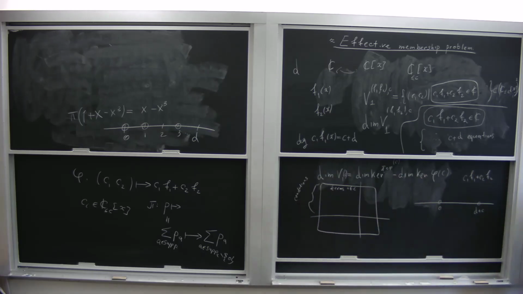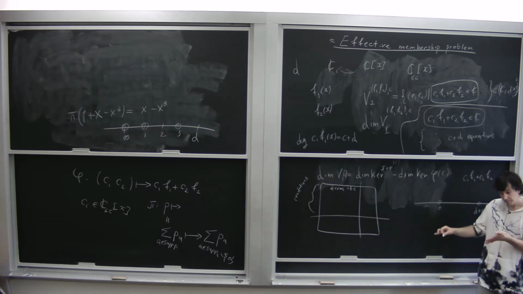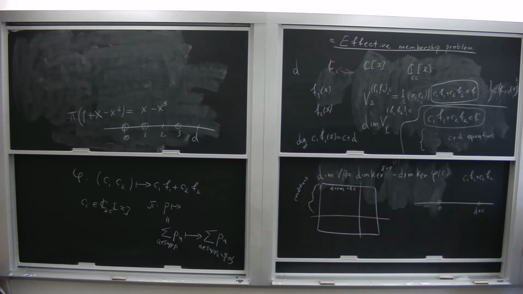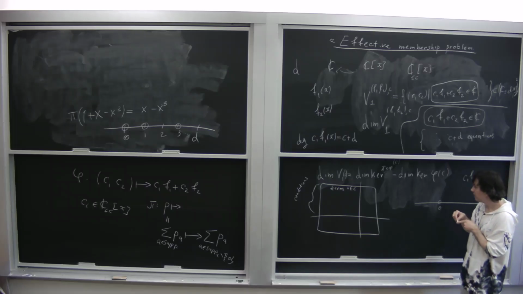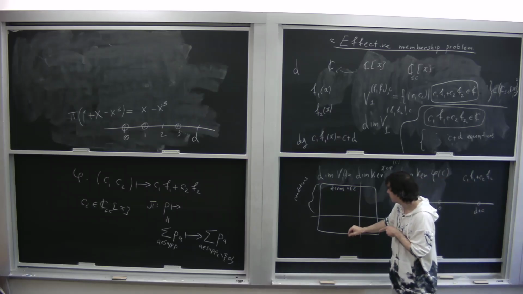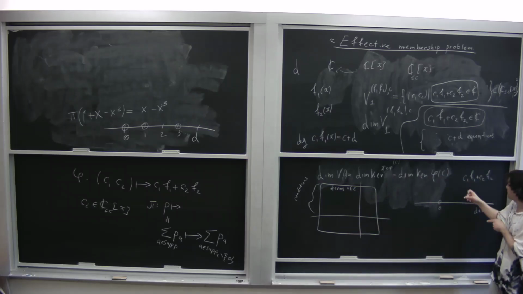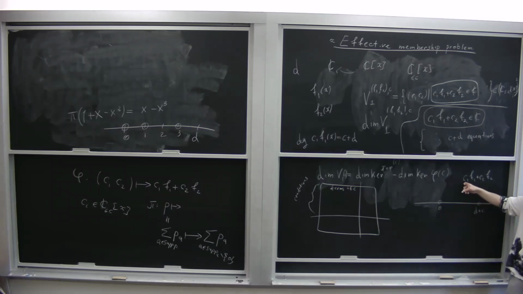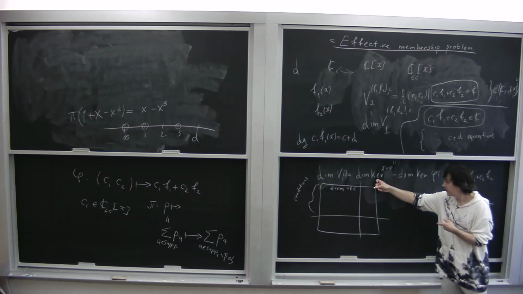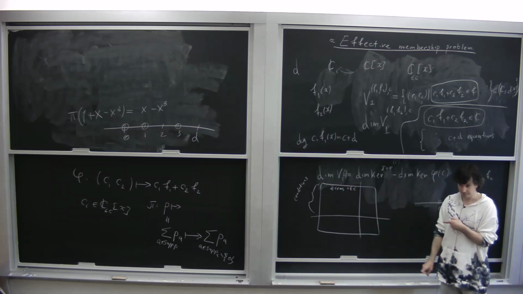So we have a system of linear equations. In each row, we are going to have coefficients depending on the coefficients of F, and each column is going to be corresponding to some coefficient of C, which is unknown, which we would want to find, so we can understand how this dimension is changing.